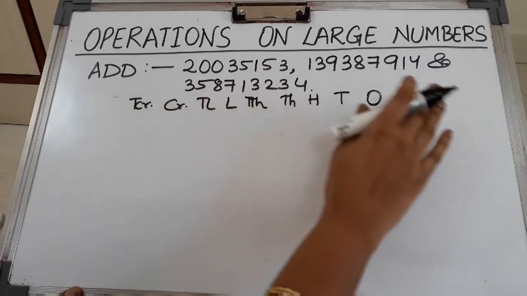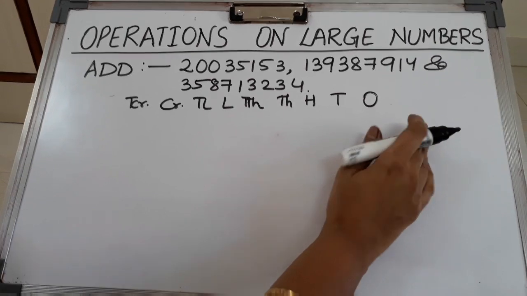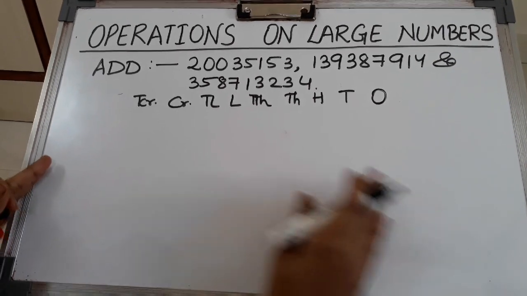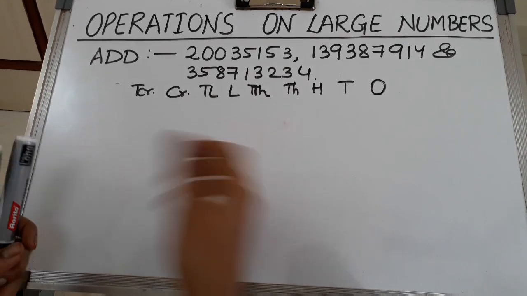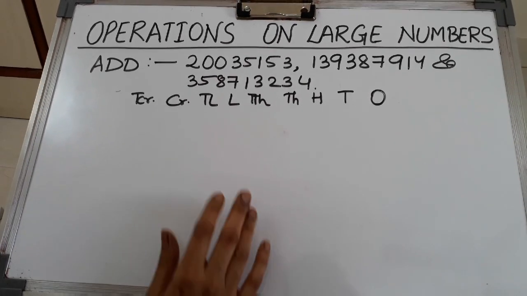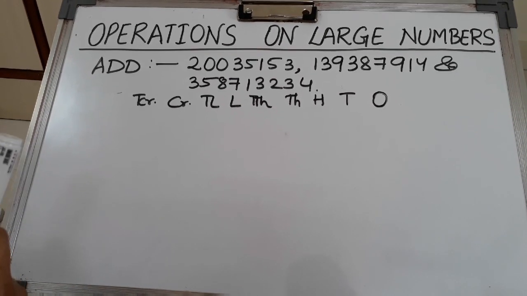For all these types of large number sums, we have to take more space and write the numbers very clearly, because this is just a simple addition. If we follow certain simple steps, we can easily solve this type of question.